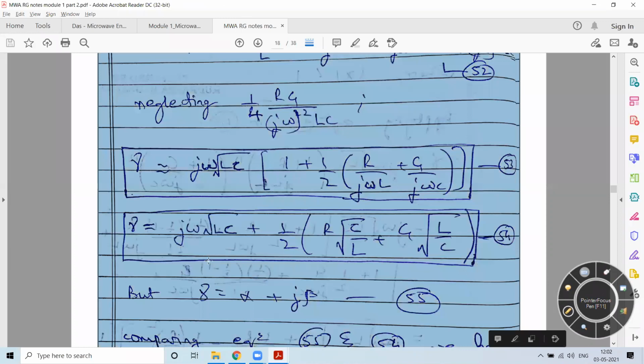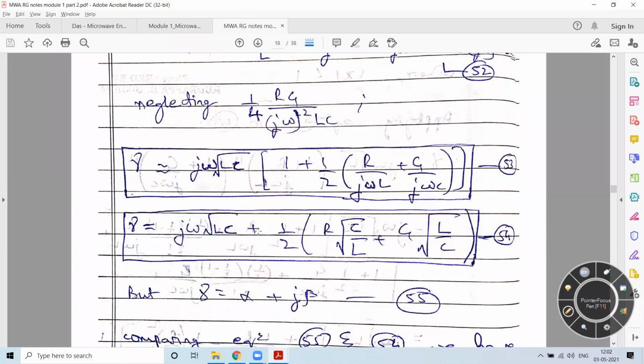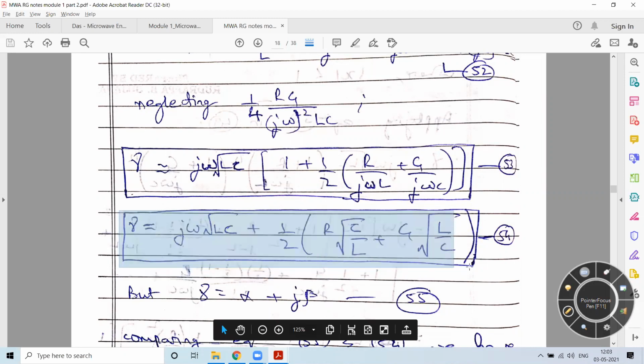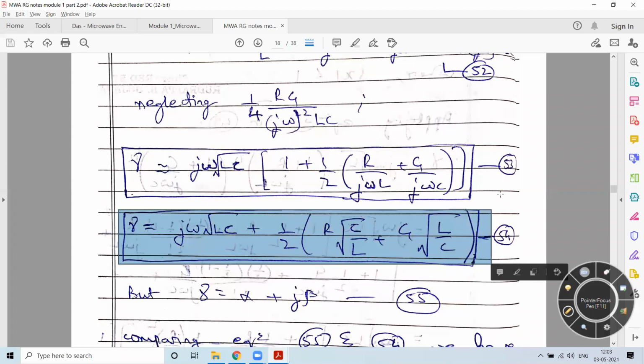That is j omega into square root of LC plus half into R into square root of C by L plus G into square root of L by C. So this is the final equation of gamma that we have. After simplifying, after applying the binomial theorem, and then neglecting the higher power contents, we end up with this equation. Gamma is equal to this equation.